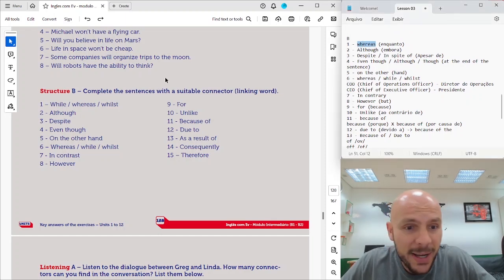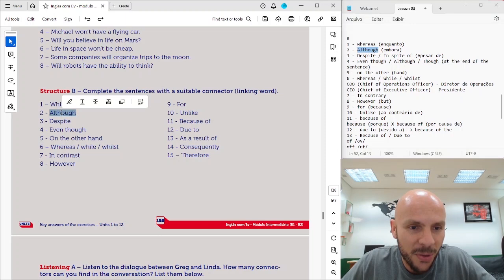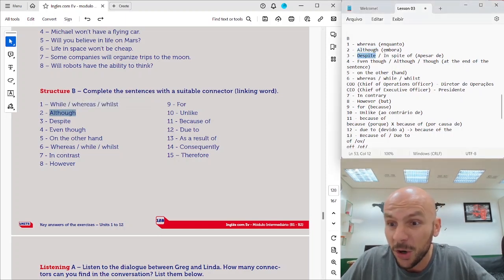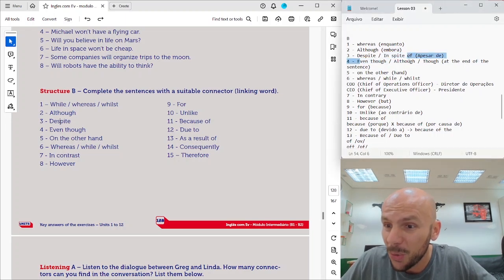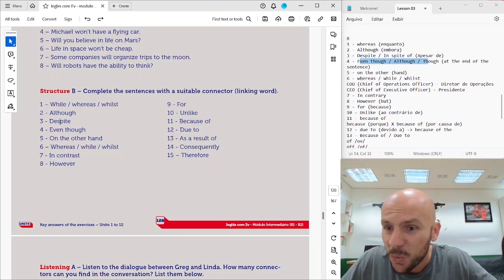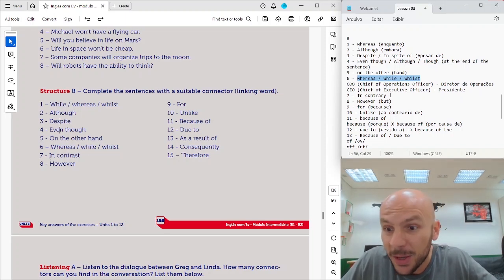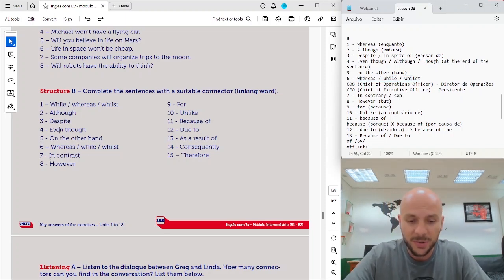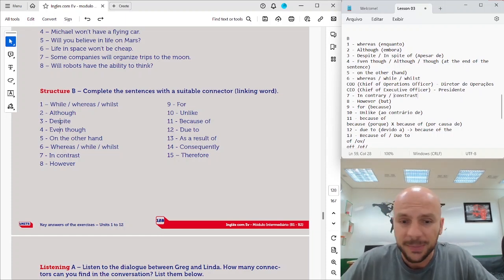Number 1, whereas, beautiful. Number 2, although. Number 3, despite or in spite of, despite. Even though, although or though, even though. 5, on the other hand. Number 6, whereas, while, whilst. 7, in contrast, or in contrary.